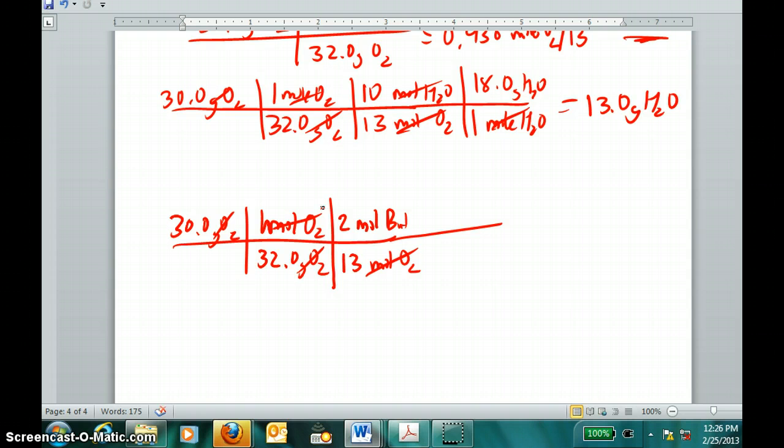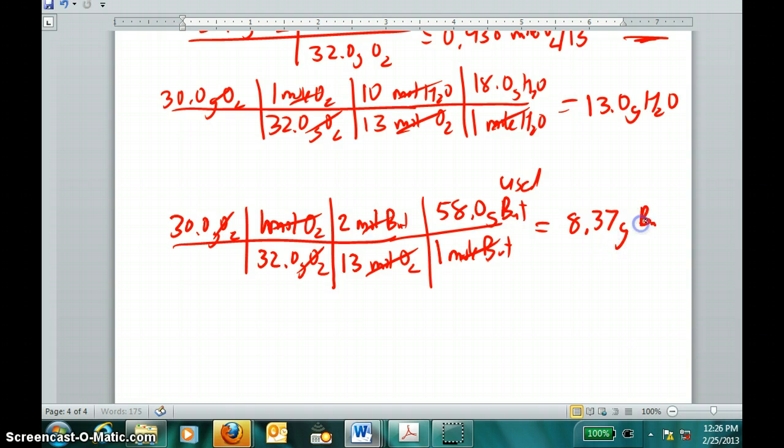But of course, I can't find the difference between 30 grams and so many moles, so I need grams of butane, a mass of butane. And 1 mole of butane is 58.0 grams of butane. Meaning, and this is used, don't forget, it's the other reactant, it means we're going to use 8.37 grams of our butane.